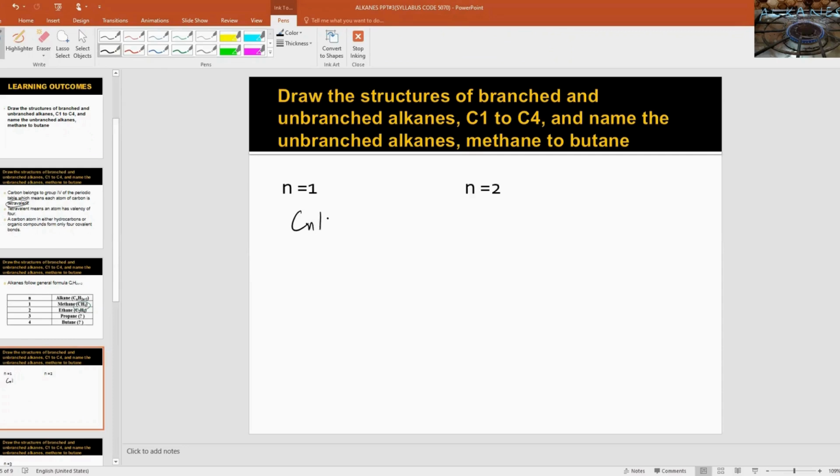CnH2n+2 means you will get CH4, methane. Remember, each single line represents 2 electrons, that is, one pair.